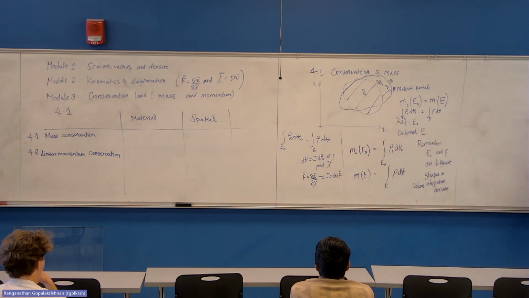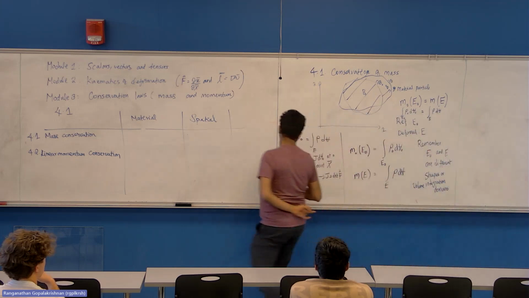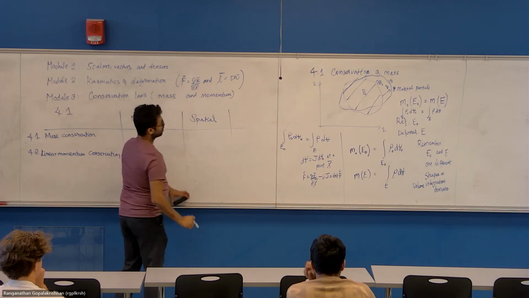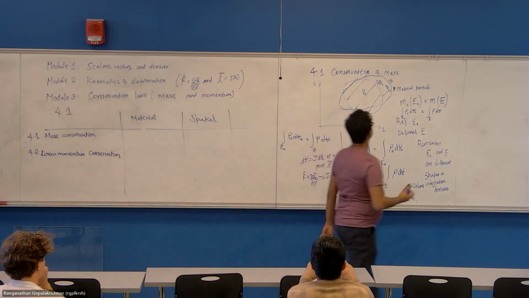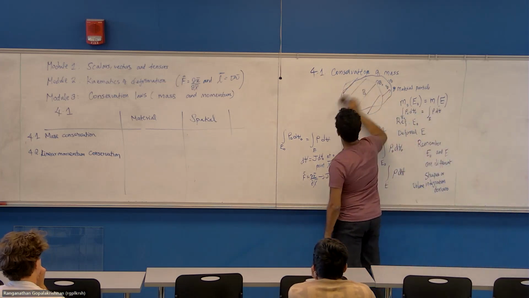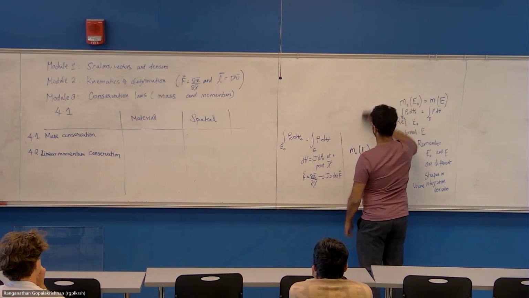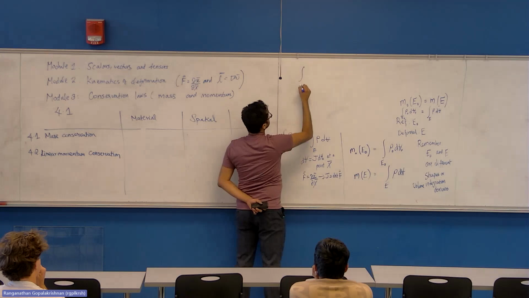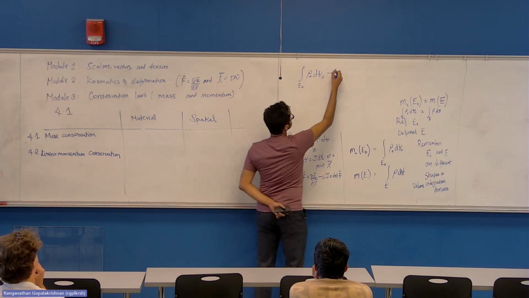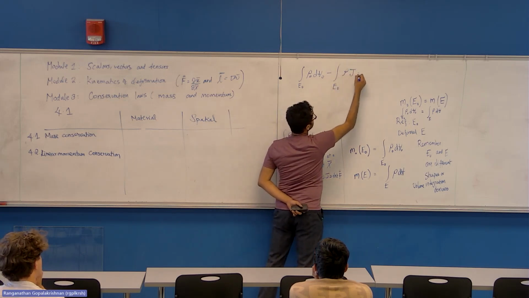Okay. So we are using this relation dV equal to J times dV naught, which we want to use today, to write the integral over E naught of rho naught dV naught minus the integral over E naught of rho J times dV naught.